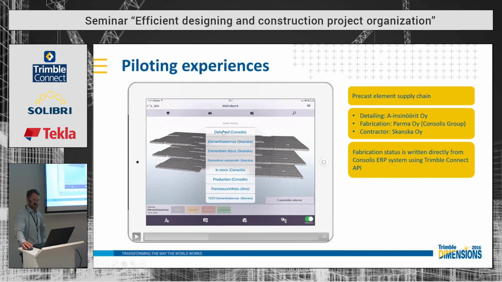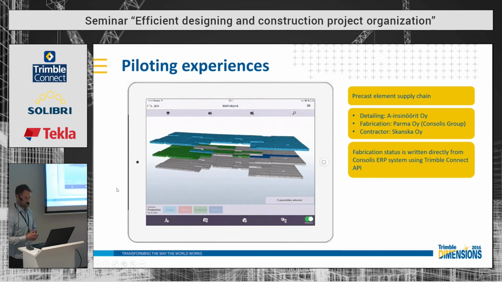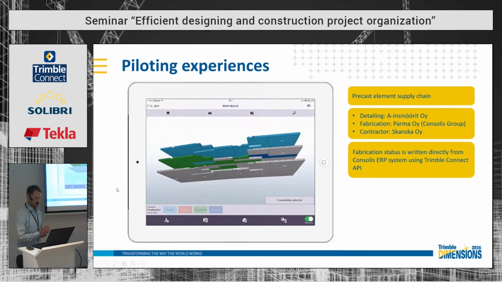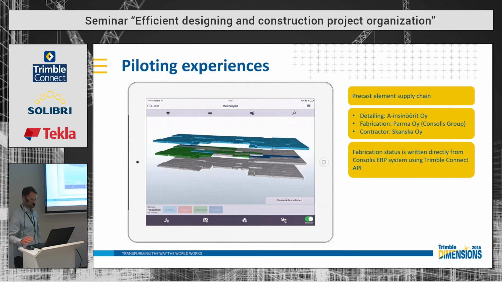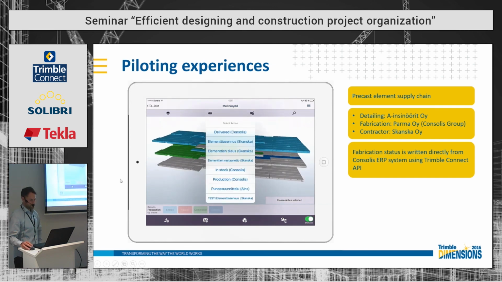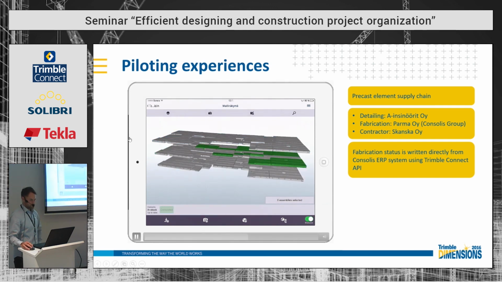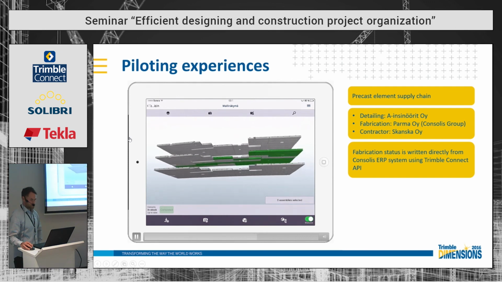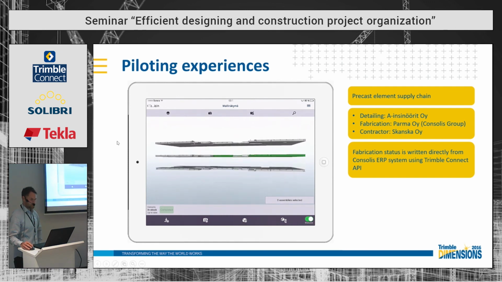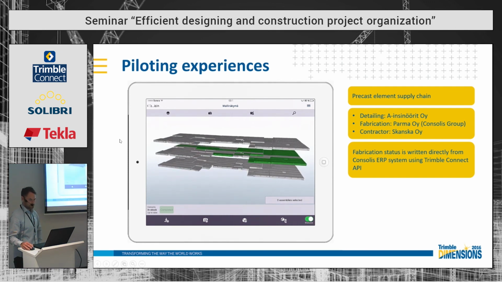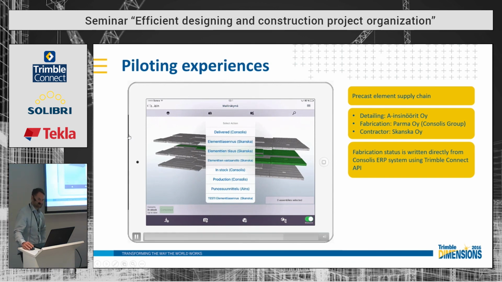So you can see that they followed these tasks, and you can see all that history and different status. For example, the production here. In stock are those green ones. So this is a real project where they piloted these tools.